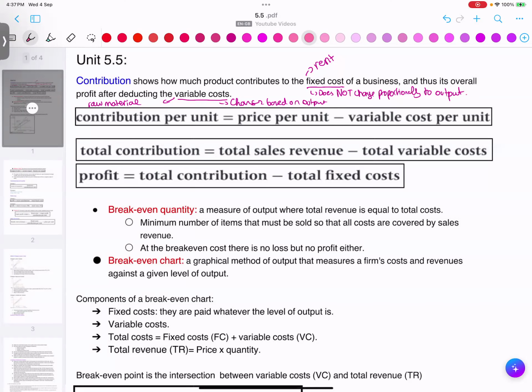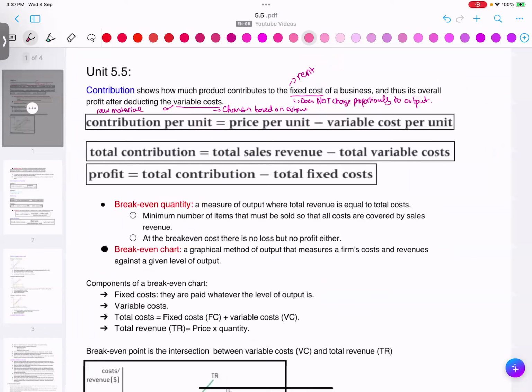Let's say there is a chocolate company, and the price is $3, but it costs the company $1 to produce. So the contribution per unit would be 3 minus 1, equal to $2, because it costs them $1 to make, but they're selling it for $3. So they end up contributing the other $2 to the fixed costs.